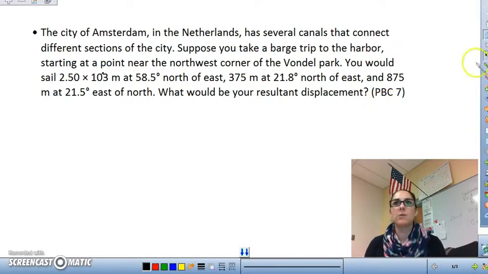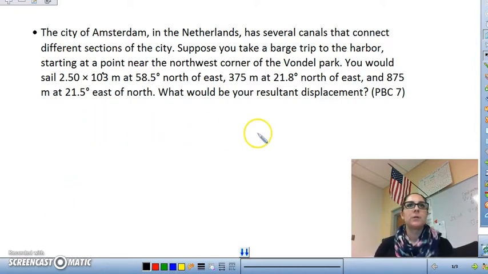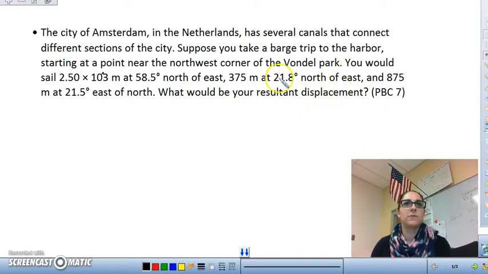Alright, so I'm going to map this out for the most part, just to get a visual. By the way, these directions are different than east of north and north of east. So remember that north of east, if this is east, the angle north of east will be measured from here. And at the angle east of north, you do it the other way.